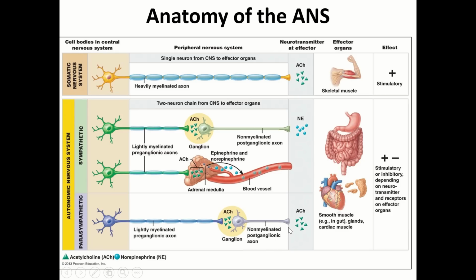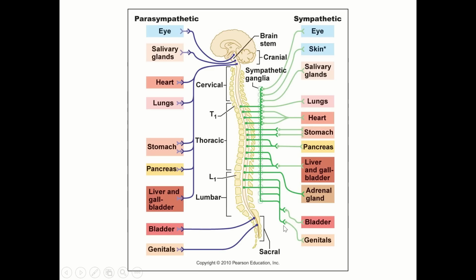Now, if we pause for a second and move ahead to this image, you can actually see that layout. Everything in purple represents parasympathetic neurons. Here you can see parasympathetic neurons originating in the central nervous system, primarily in the more cranial region, in the midbrain, as well as down here in the sacral region of the spinal cord.